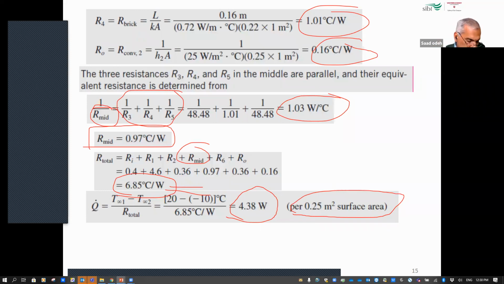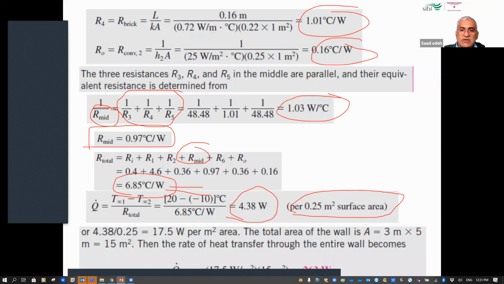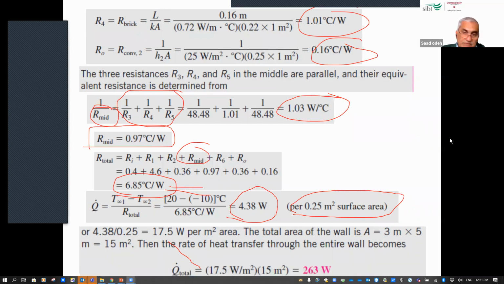All right. So we use this area to transfer it to bigger area. So if you know the ratio, we take the ratio of this calculation. We know the area of the wall, the actual area of the wall.